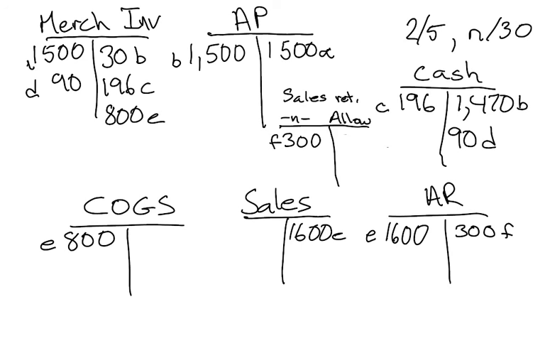That's first. So that's for revenue. The second thing we're going to do is debit the merchandise inventory account and credit the cost of goods sold account for the cost of the goods, not for the price we sold it.